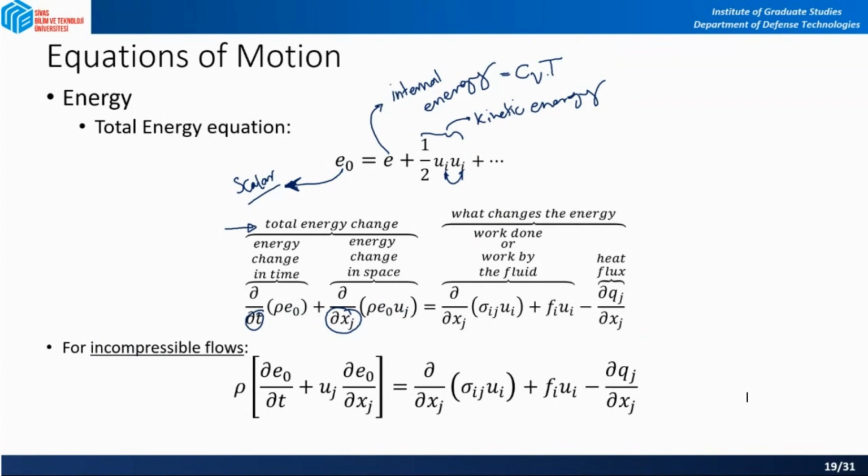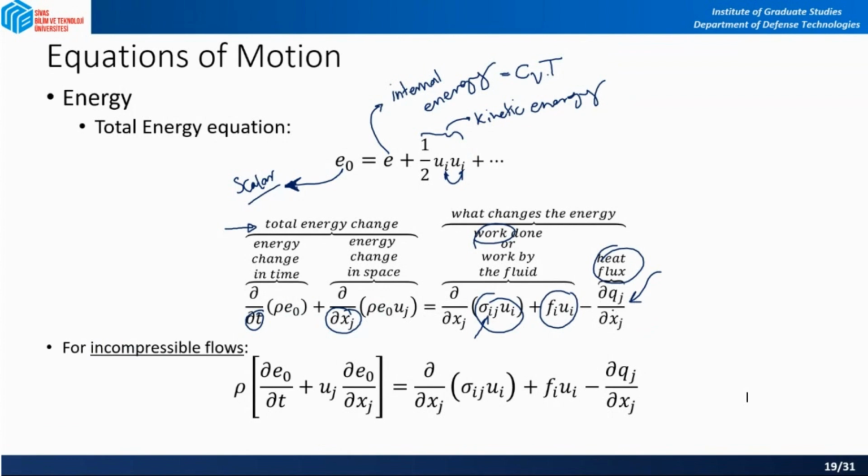So your rho e0 is changing through space and equal to, if we said that what changes this energy, either work or some heat. So we write the work of body forces or work by the shear forces or stresses, not only shear but normal plus shear, which means the stresses work. And this is the value of the heat flux in space.